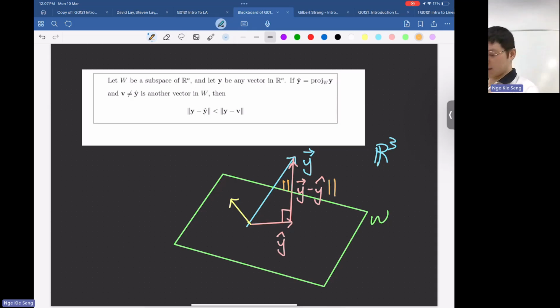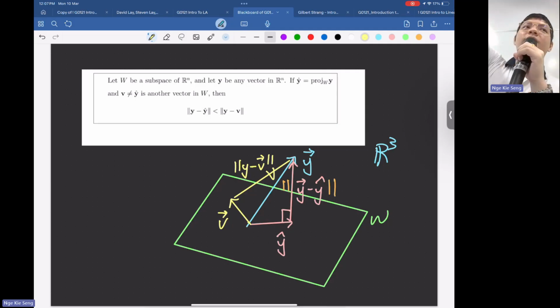You form a line from this v to y, so here is y minus v. This line should be greater than this vertical line here. Make sense or not?